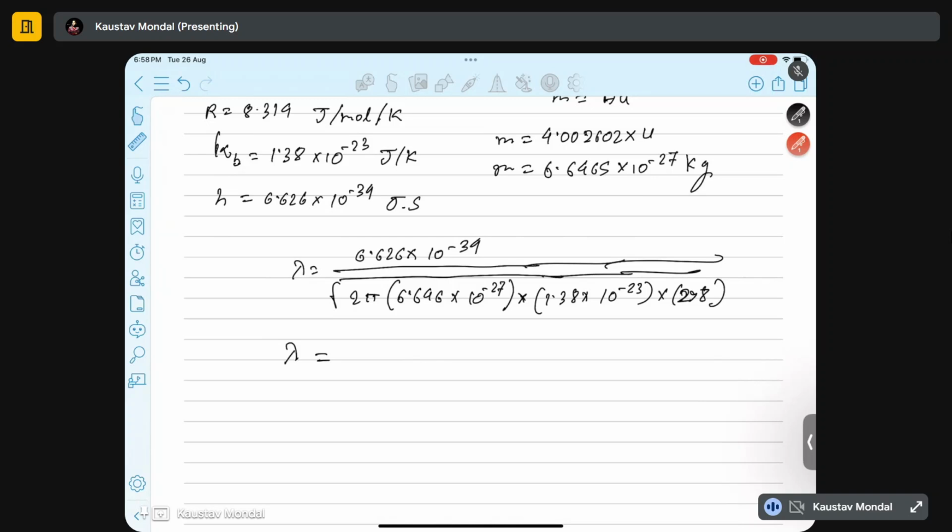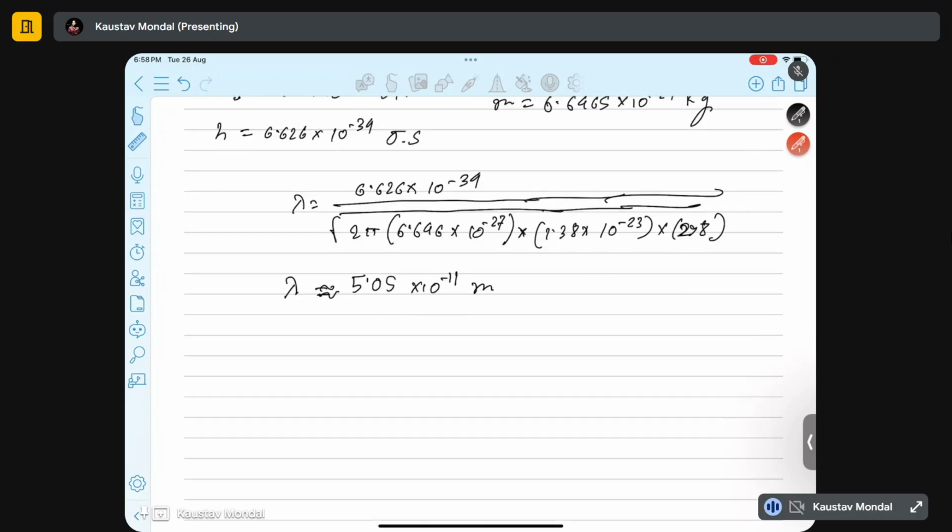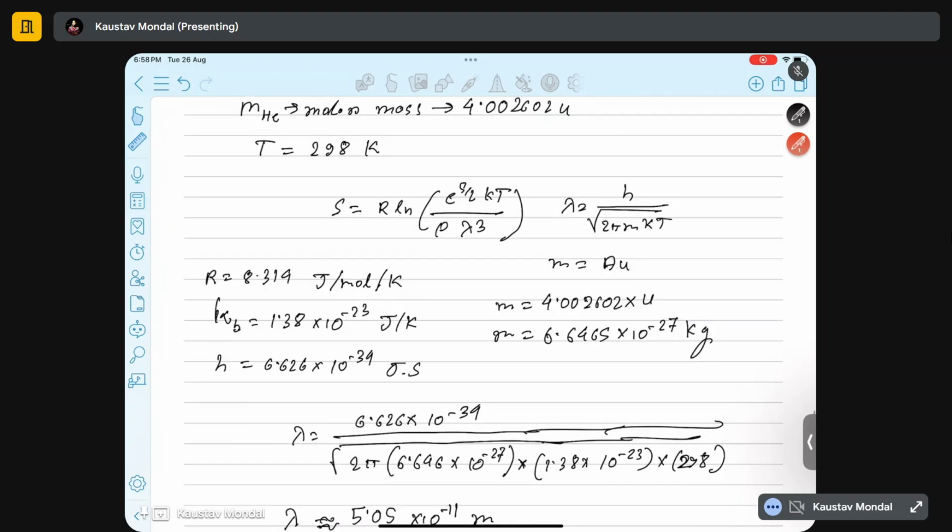The final result I'm getting is around 5.05 into 10 to the power minus 11 meter, picometer order basically. So once you have the thermal wavelength lambda, next you simply put it into the expression of the entropy.